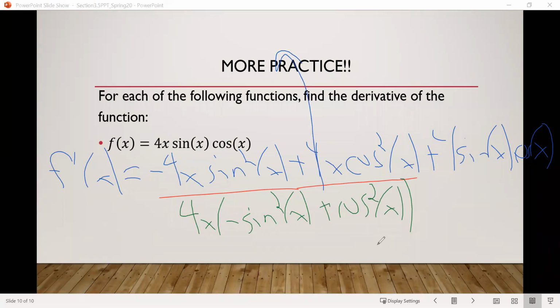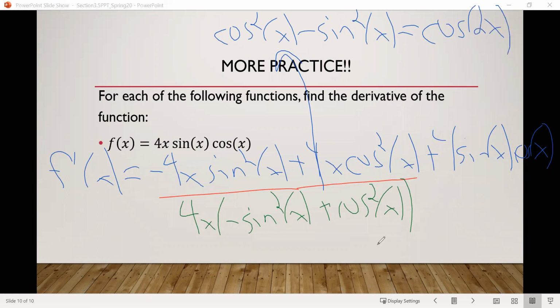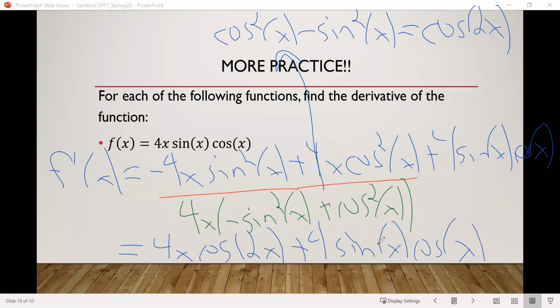We had an identity for cosine squared x minus sine squared x, which you may recognize is the same as the thing in green down below, which is equal to cosine of 2x. So then we can rewrite this thing as 4x times cosine of 2x plus 4 times sine of x times cosine of x.